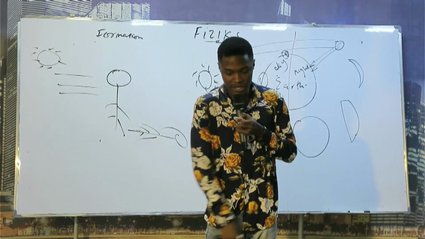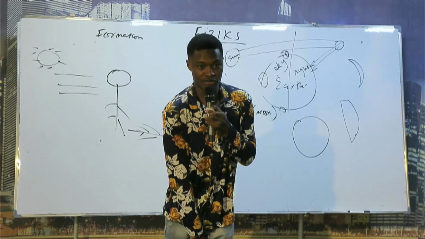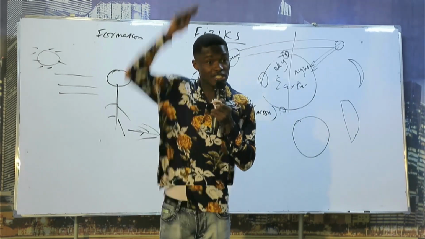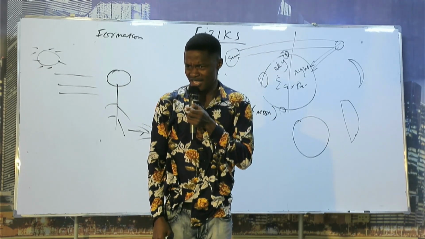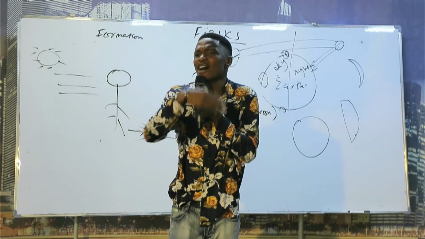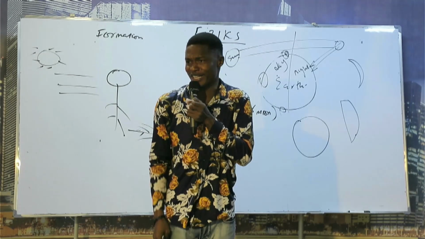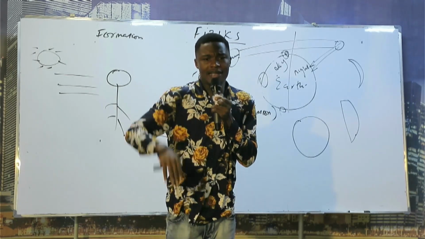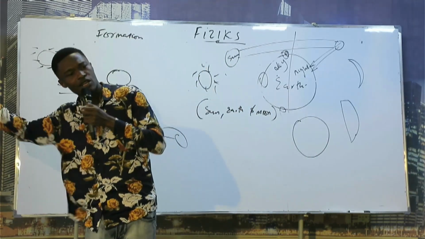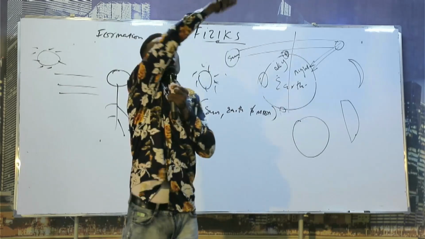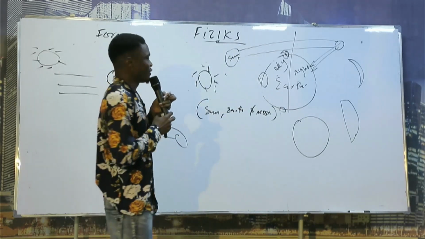At 12, it will be almost at you, because the sun is almost overhead. That is how they even told time in those days. From 1, 2, 3, it will be going on this side, getting longer and so on. So it all depends on where the light is relative to you.